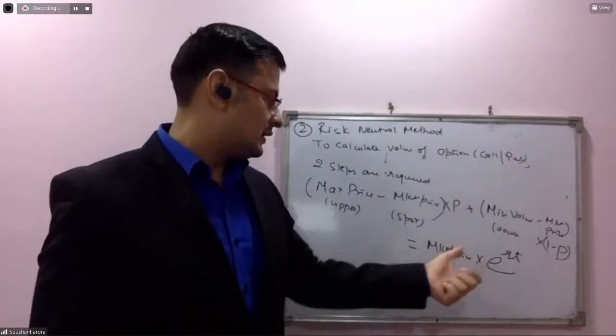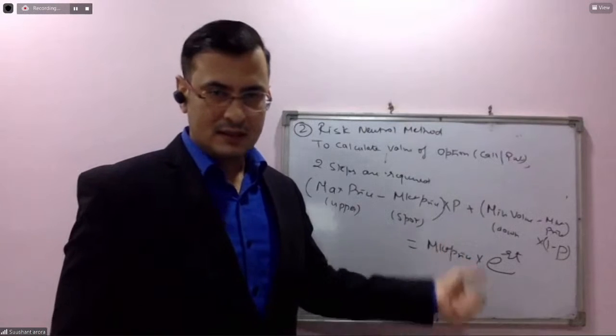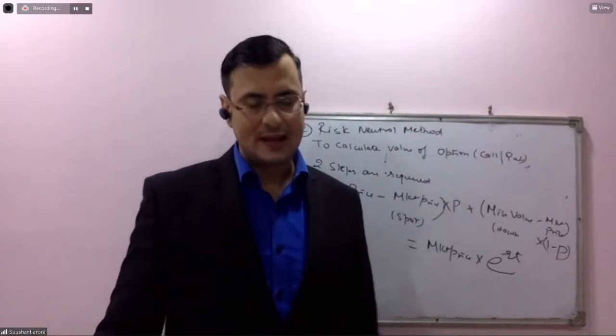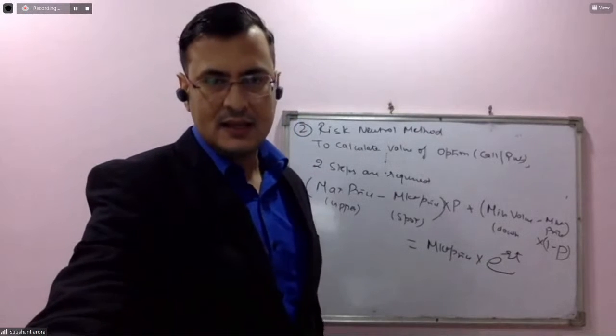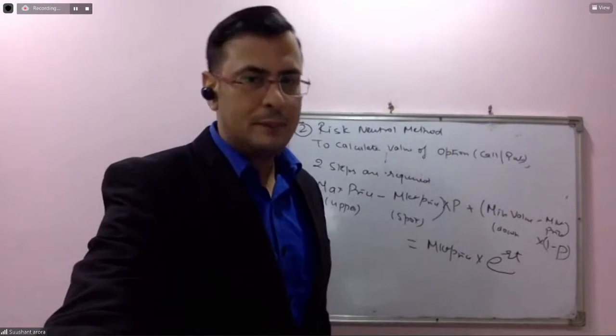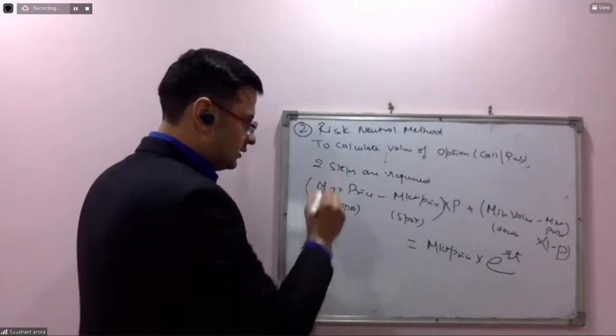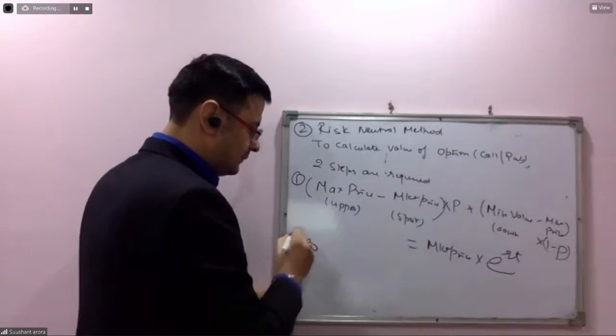First you calculate that, then similarly to what you did previously, the value of the call option will be the second step.